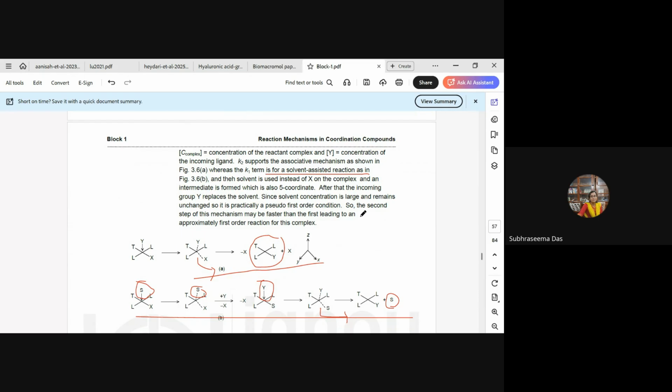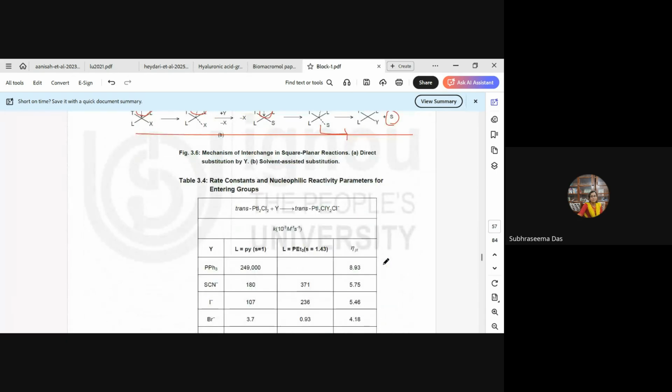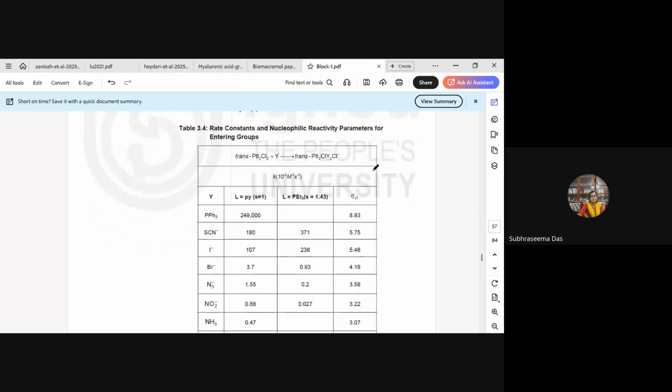Then since the solvent concentration is large and remains unchanged, it is practically a pseudo first order reaction. So the second step of the mechanism may be faster than the first, leading to the approximately first order reaction of the complex. So the mechanism of interchange in square planar reactions: direct substitution by Y, shown here, and the solvent assisted substitution.